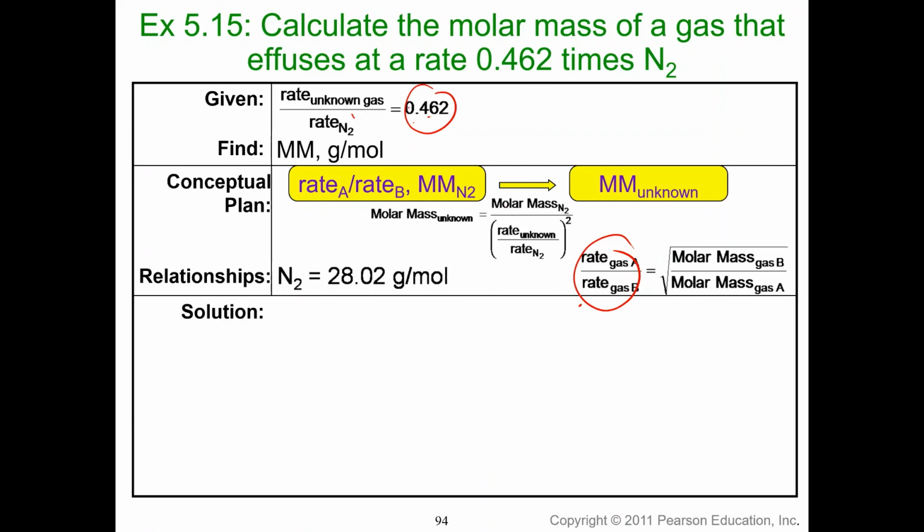I'm a little confused with rate gas A, rate gas B. I know 0.462 is for nitrogen, but I don't understand how it's unknown over nitrogen. The gas that effuses at the rate 0.462 times nitrogen, right?